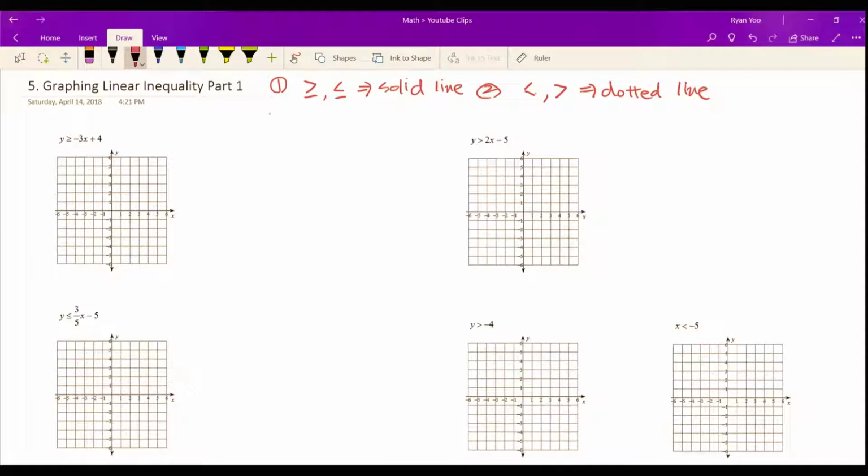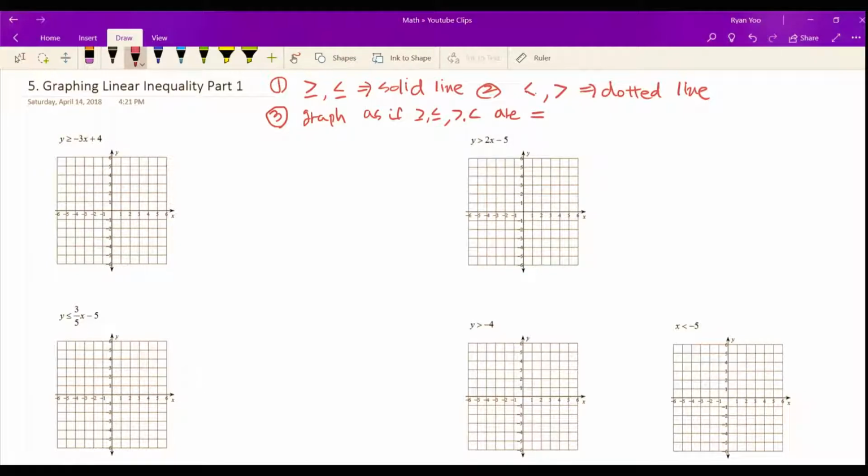And number three, if you watch my previous video, when it comes to graphing linear inequality, you actually graph as if these signs are equal signs.